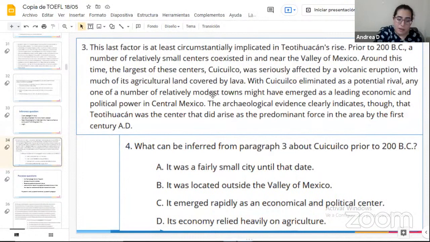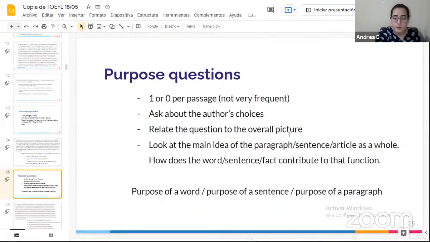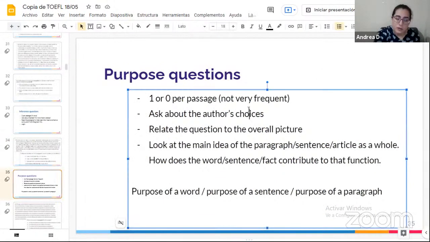Then let's move on to the next one, purpose questions. So these purpose questions sometimes take a lot of time, not gonna lie. What they're asking for here is basically the function or the purpose of something. Like, what is the purpose of this sentence?